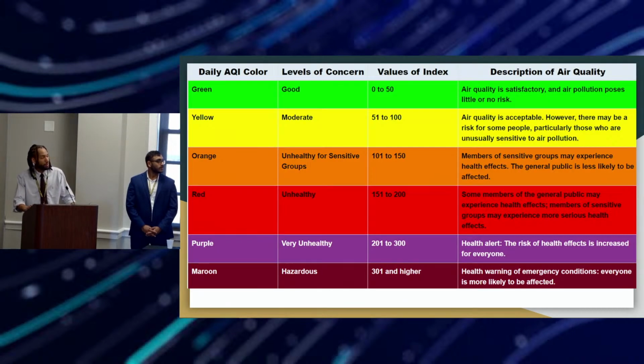Okay, and here is an example of what we call the air quality index. It's on a number scale, but to simplify it, we all know that green is generally good on most scales, but as you move down to the bottom, you'll see a maroon color, which is the most hazardous. When we talk about pollutants in the air, the effects aren't necessarily felt initially or after an hour of exposure. What we're talking about is compounding effects over a prolonged period of time.